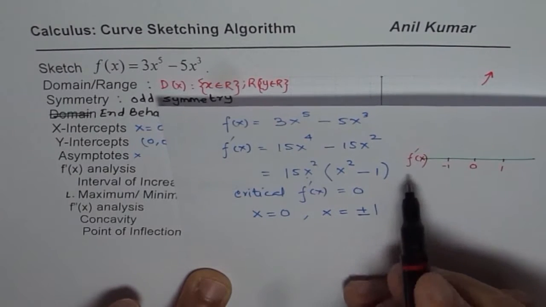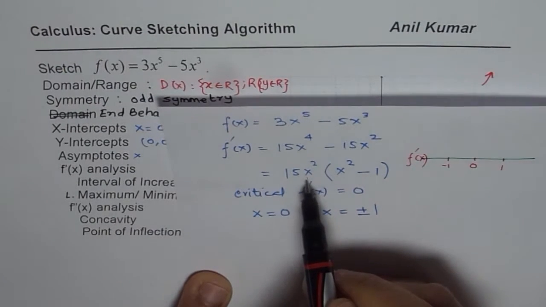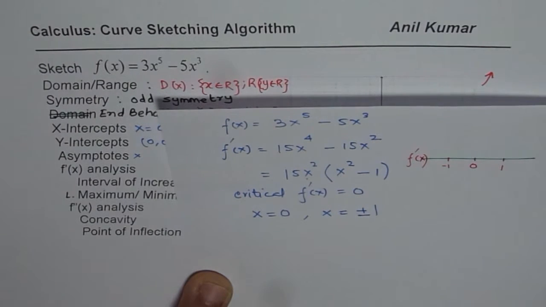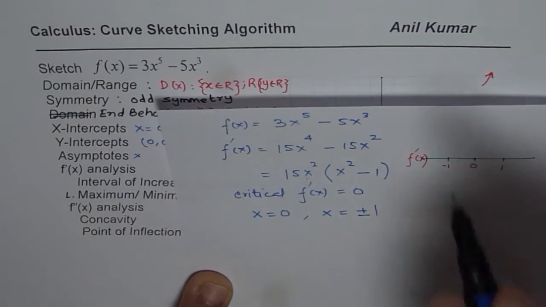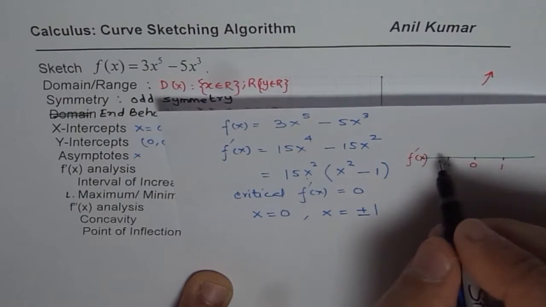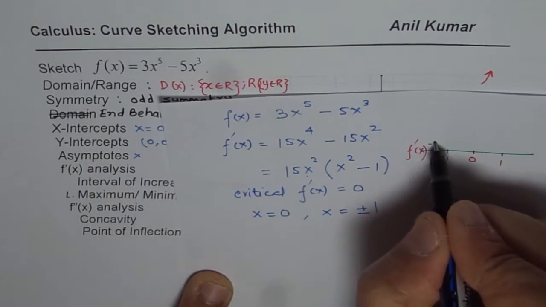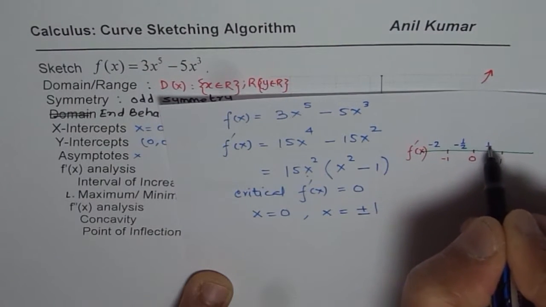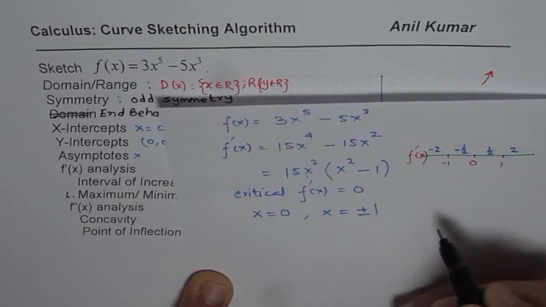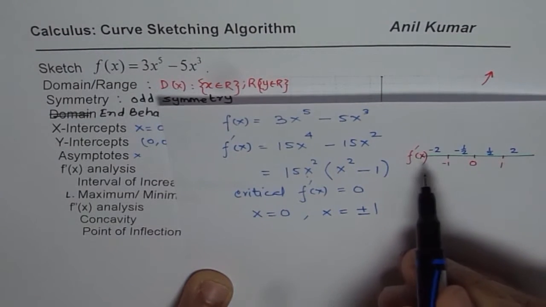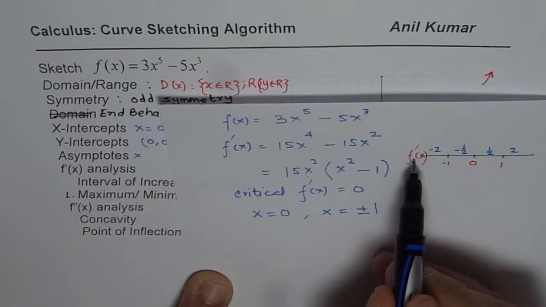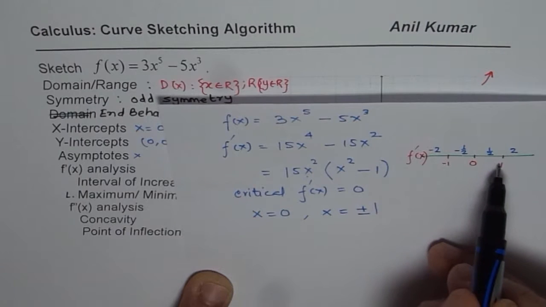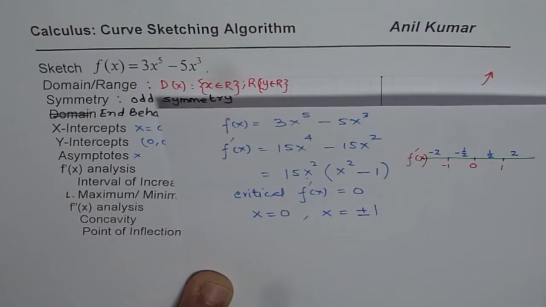Equation for the first derivative is right there, 15x squared times x squared minus 1. Now we can take test points: beyond minus 1, from minus infinity, say minus 2. Here we can take minus half, plus half, and 2. So these are the test points which we can take in the intervals from minus infinity to minus 1, minus 1 to 0, 0 to 1, and 1 to infinity.